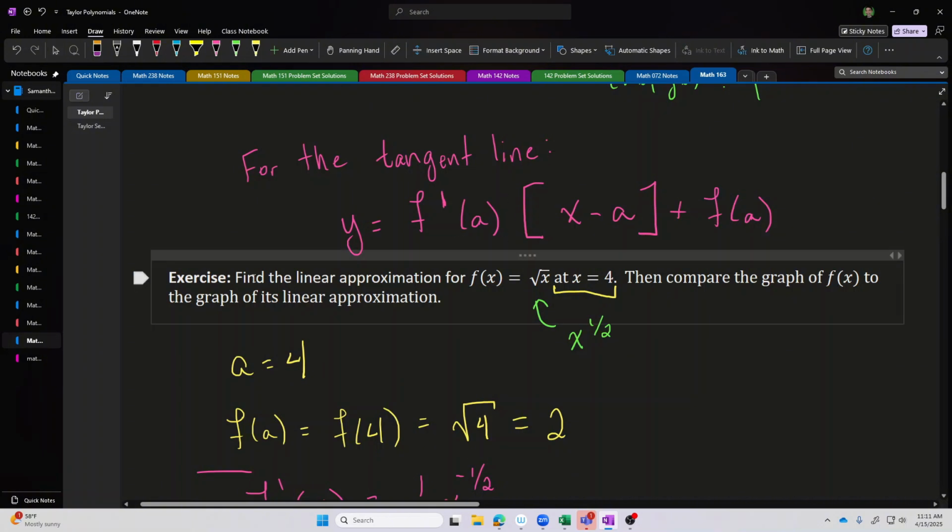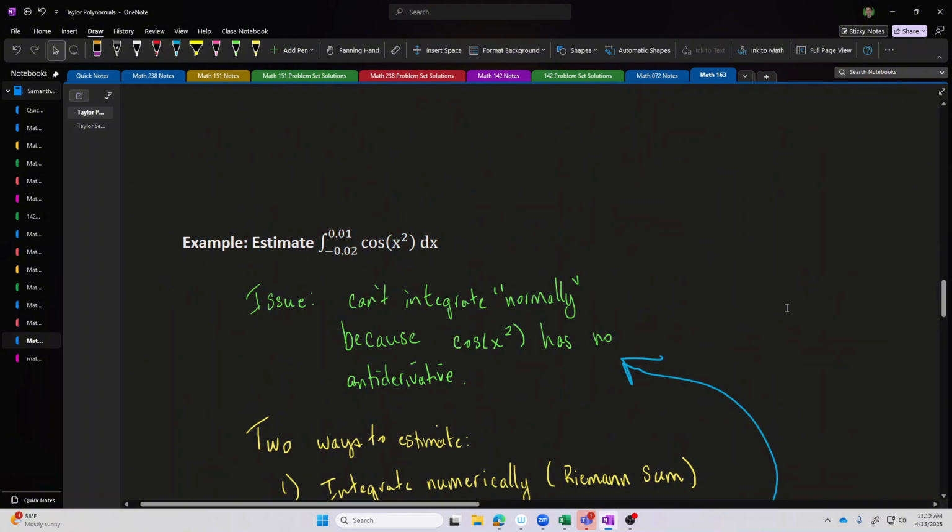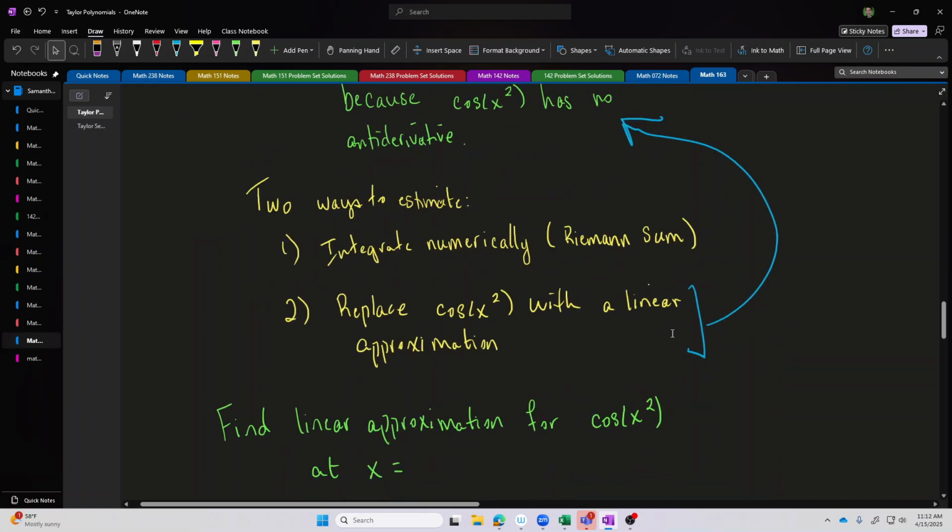Now, in some problems, I'm given the value of a explicitly. Like here it said, I want to calculate the linear approximation at x equals 4. So 4 was given to me as the value of a for that problem. However, in this problem, I'm not given a specific value of a. So I'm going to have to choose a suitable value of a myself.